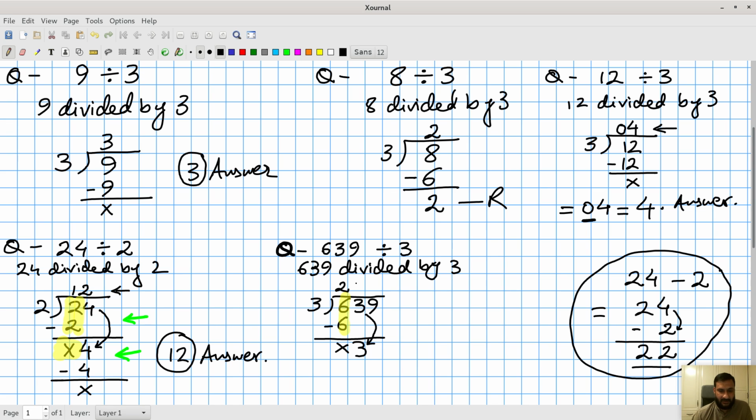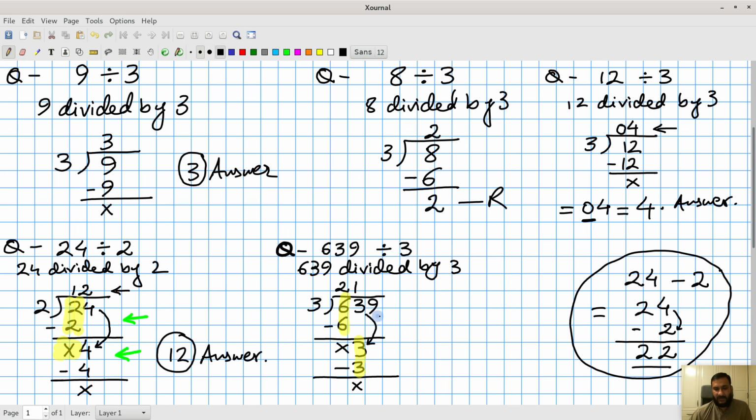So we write 3. 1 times 3 is 3. We draw a line again. We subtract them. This time we subtract these two, right? Very good. So 3 minus 3, nothing left.